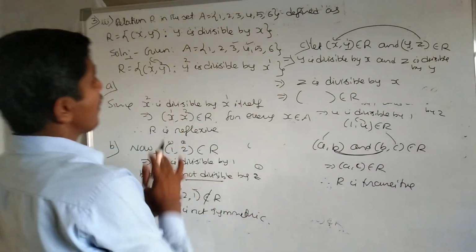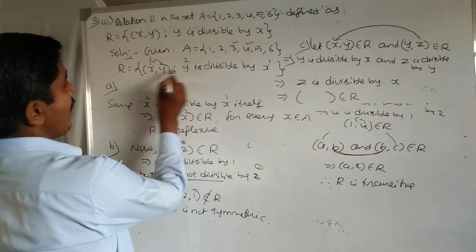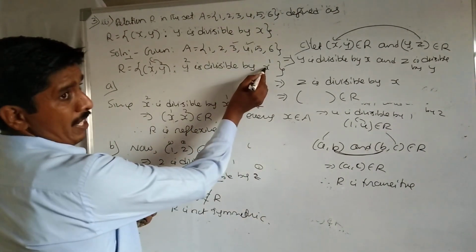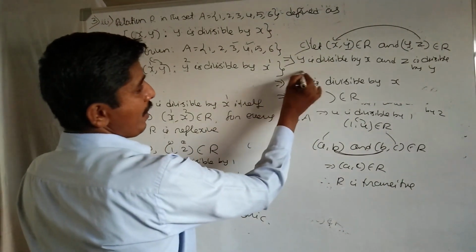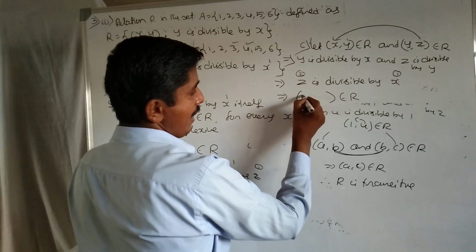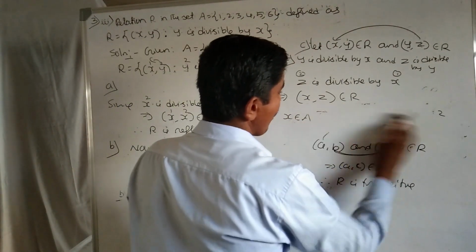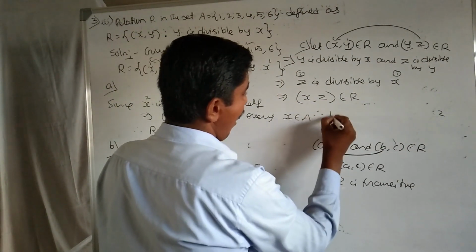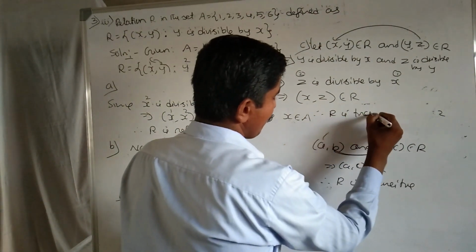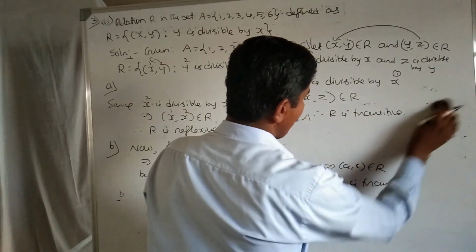Don't get confused. Y is the second element of the ordered pair, and X is the first element of the ordered pair. First element X, comma, second element Z. X comma Z belongs to the relation. Therefore, R is transitive.